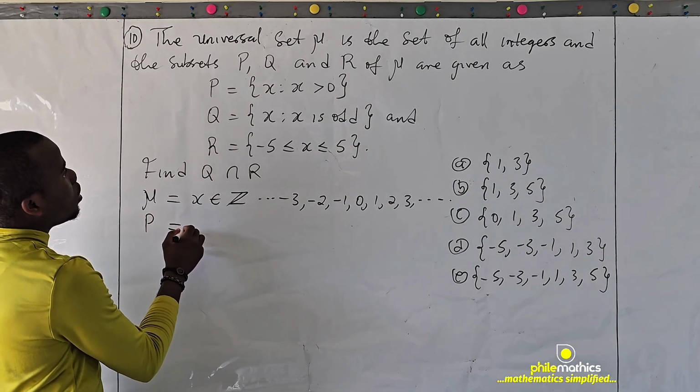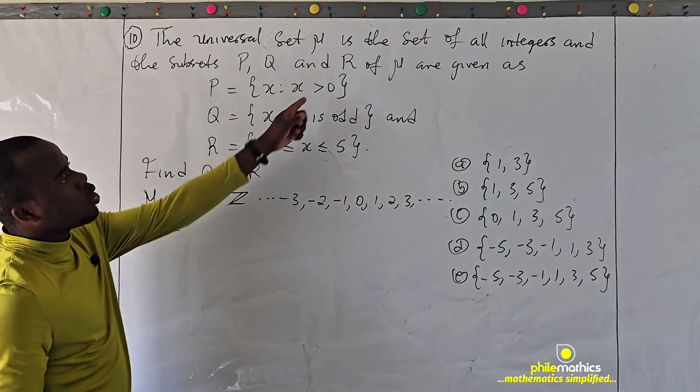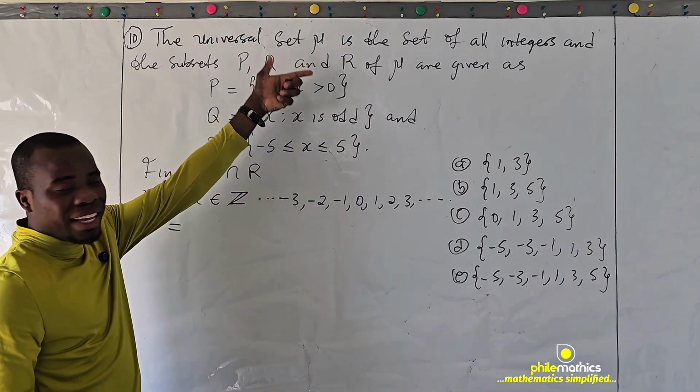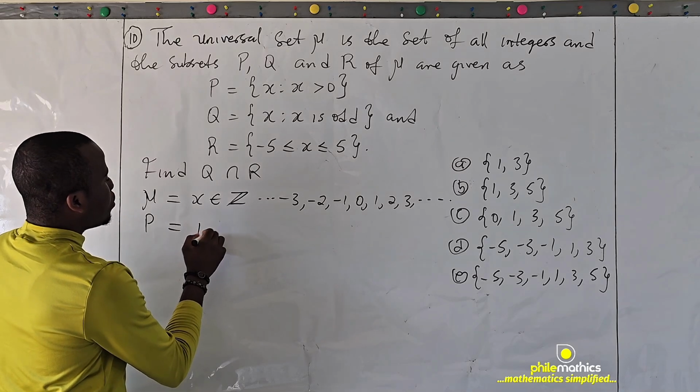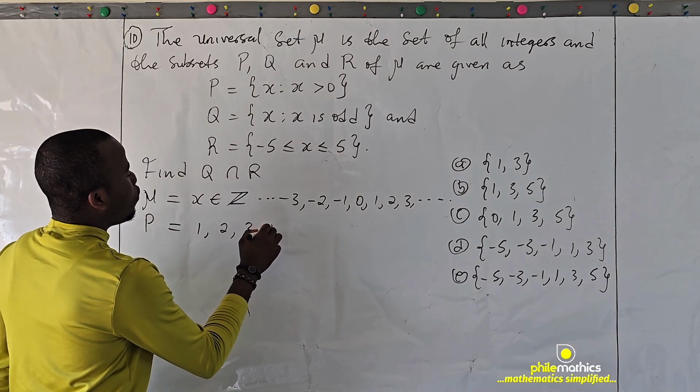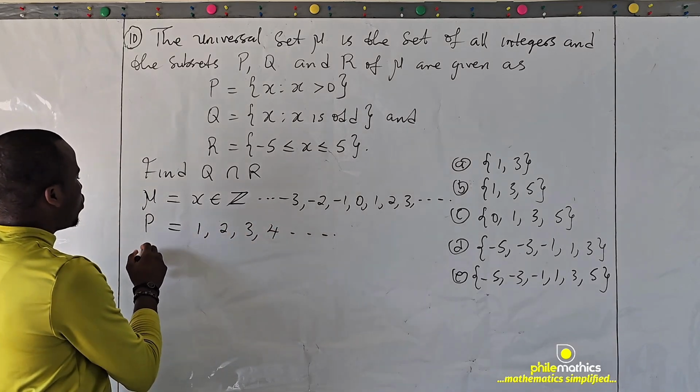P are those x so that they are greater than 0 and they are integers. So it will be 1, 2, 3, 4, and so on.